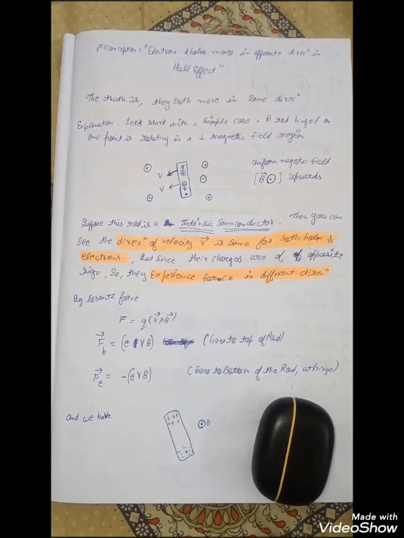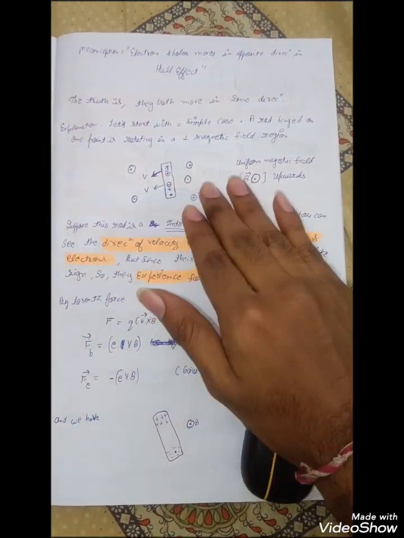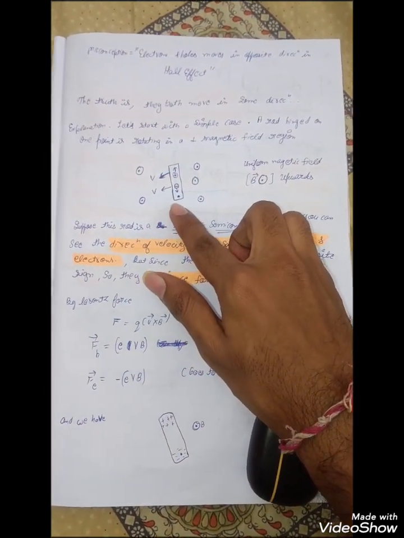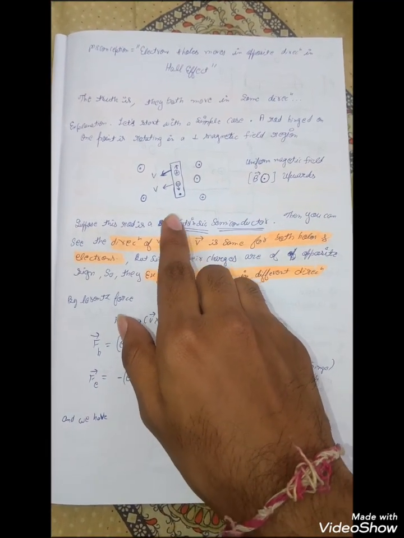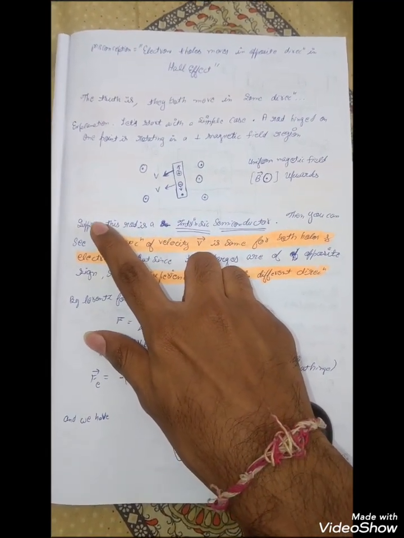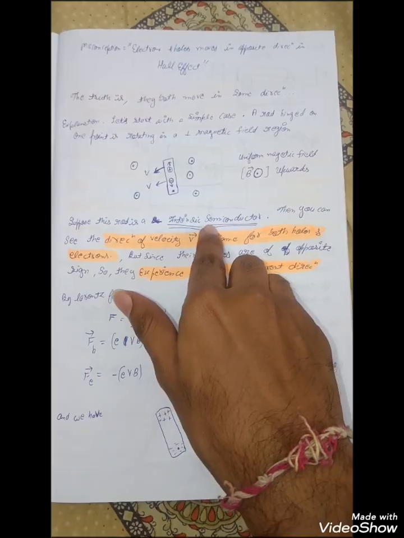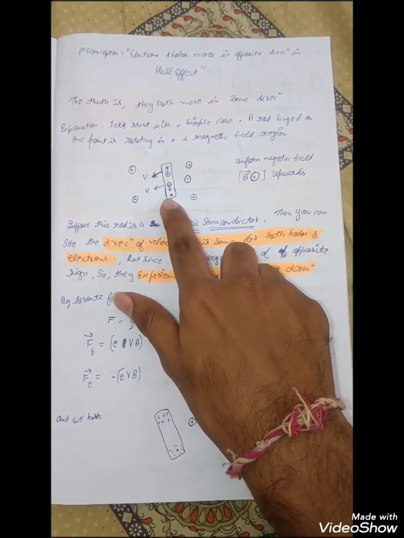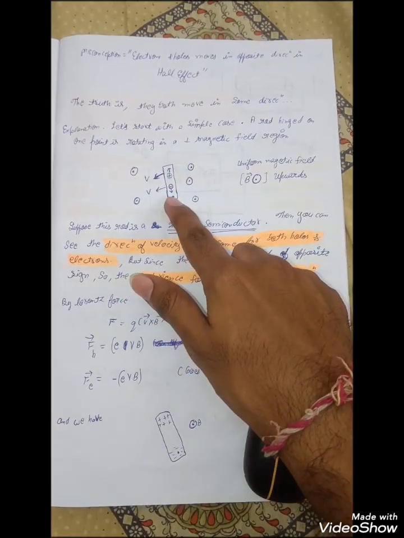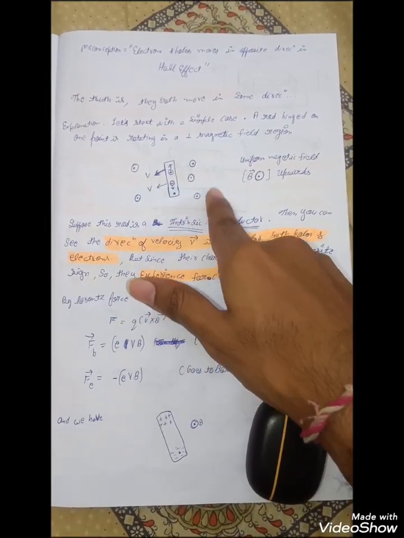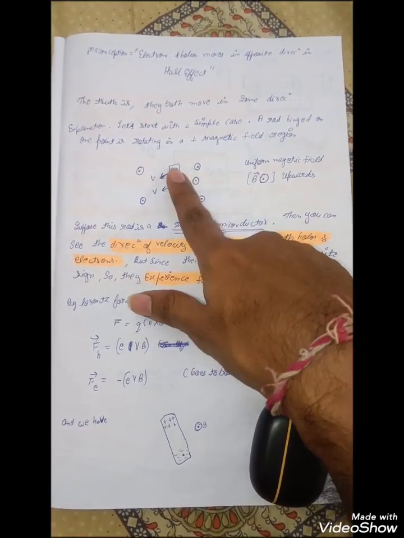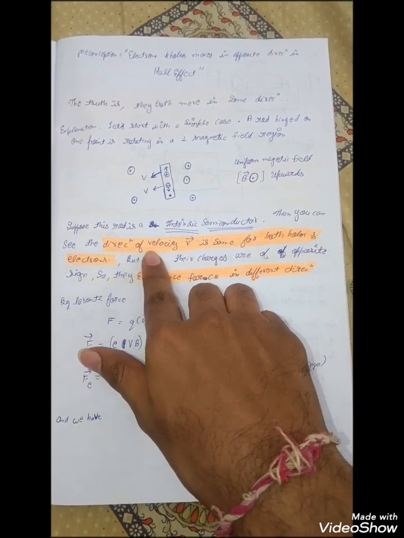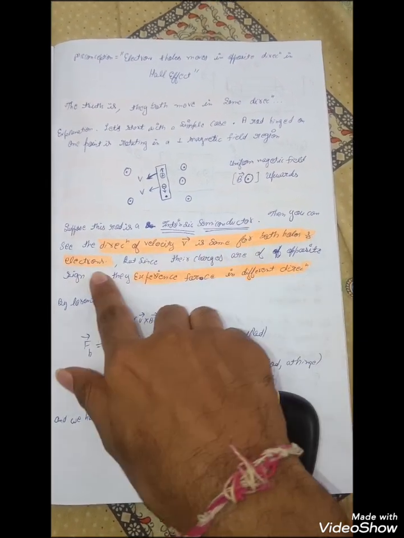So right now you know the setup. Assume this rod is an intrinsic semiconductor, so it has both holes and electrons. It is hinged here, so the rod is rotating like this. So the direction of the velocity vector is the same for both holes and electrons.